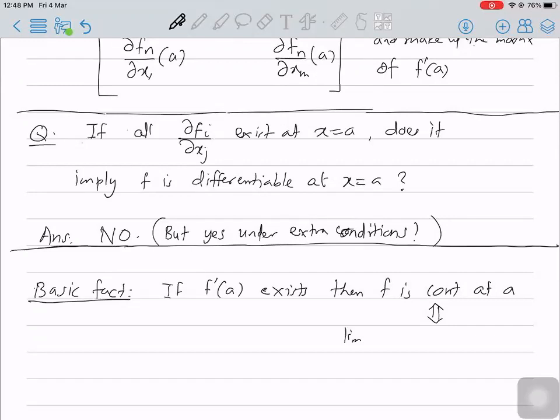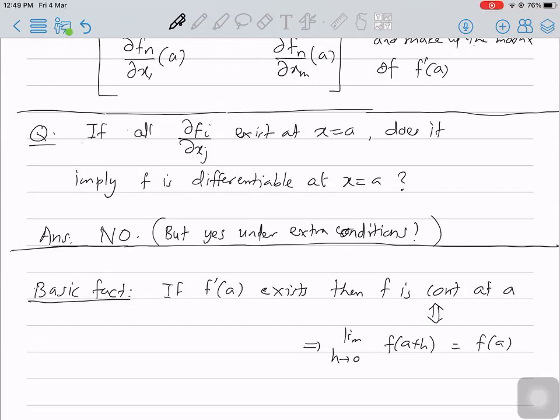Okay, so what you really want to say is the limit as x approaches a. I mean, for continuous functions, if x goes to a, then f of x goes to f of a, right? So let's do this in terms of h. The limit as h approaches 0 of f of a plus h is f of a, right?